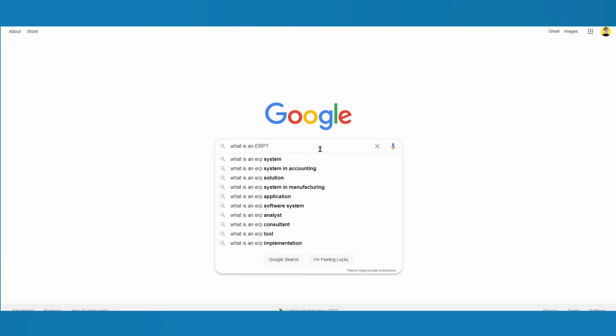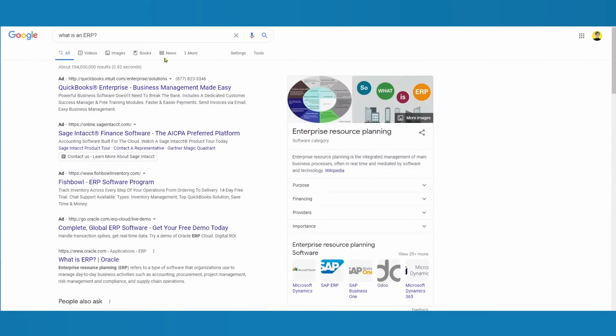Okay, so first you have to define what is ERP, because ERP is sometimes just a three-letter word. An ERP system is basically a software tool that allows an organization to keep everything in one place.